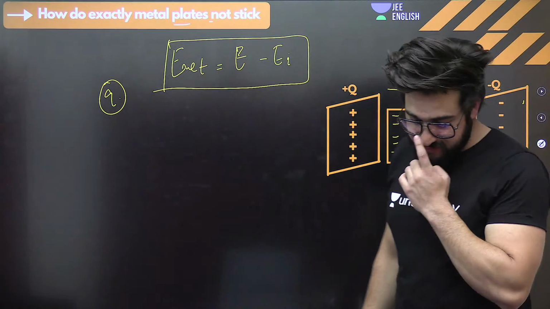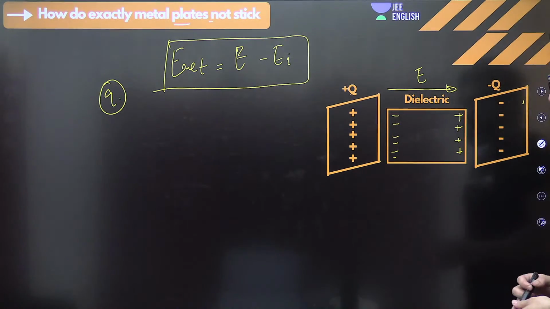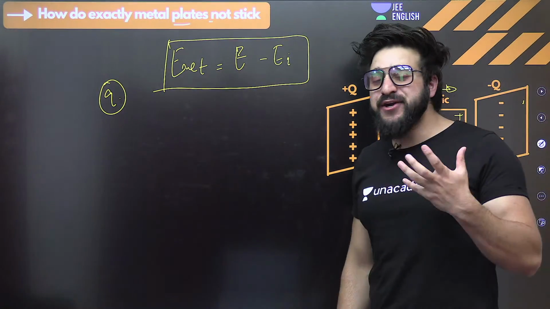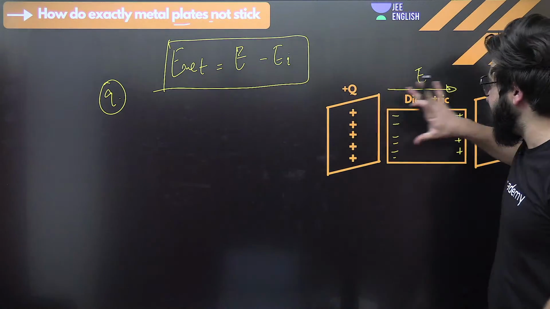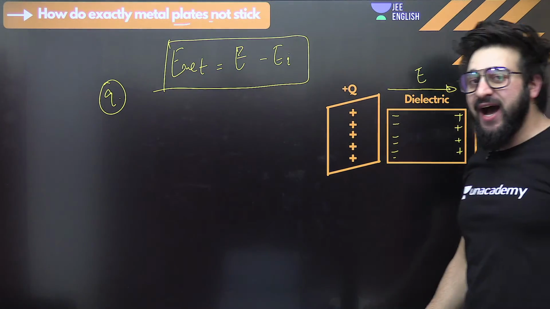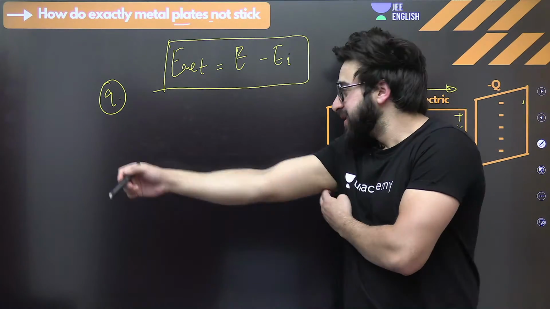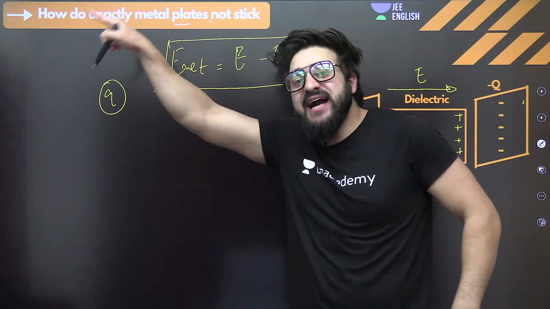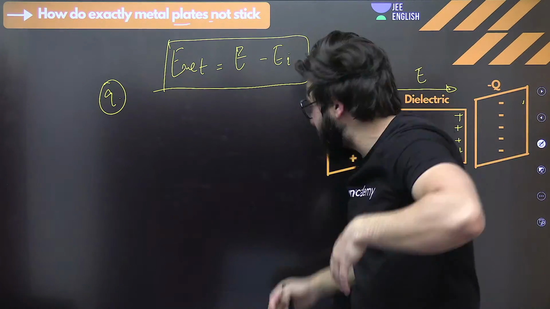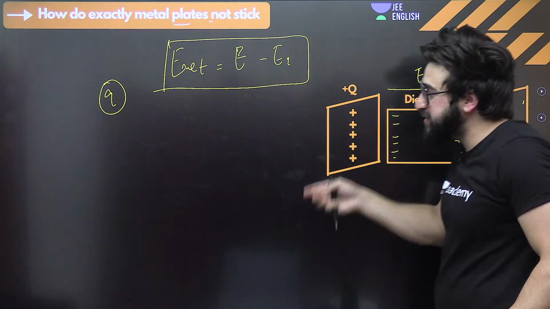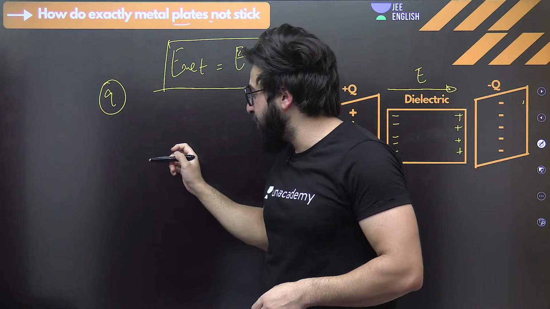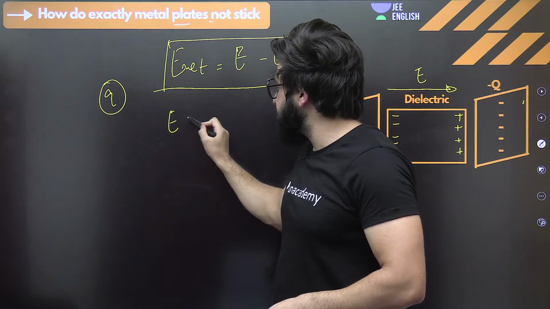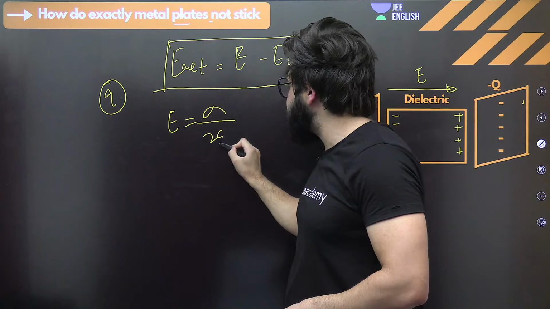Okay. Now, what is the electric field? If I talk about the electric field in a parallel plate capacitor, have you studied that? Because of one sheet of charge, when we were studying Gauss law, we found the electric field because of this sheet of charge. How much did that come out to be? The electric field is sigma by 2 epsilon naught.